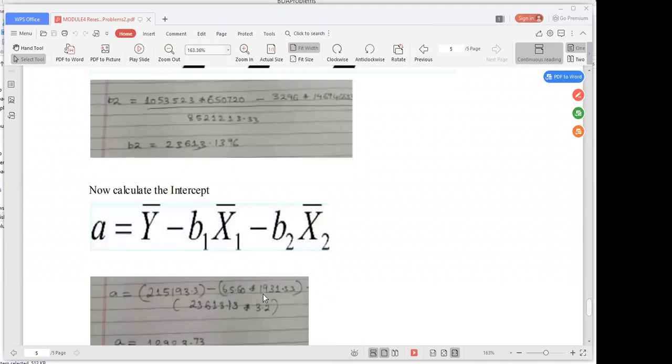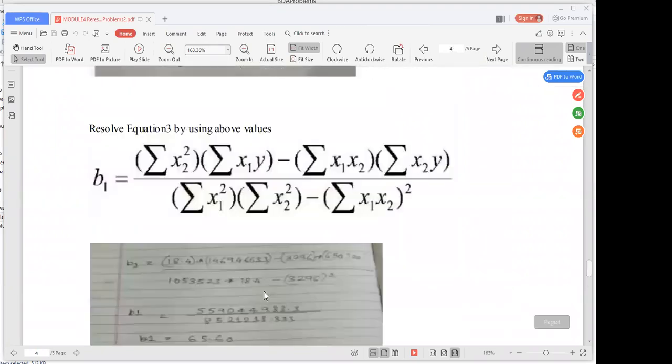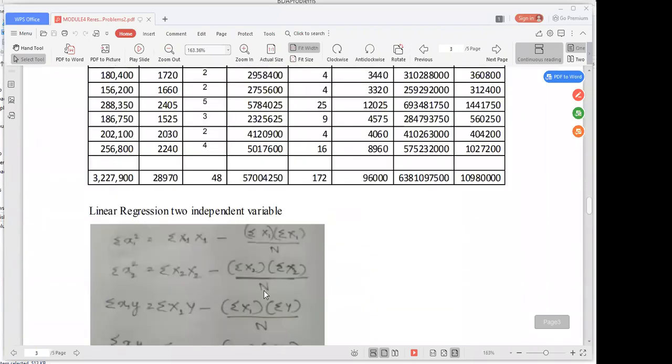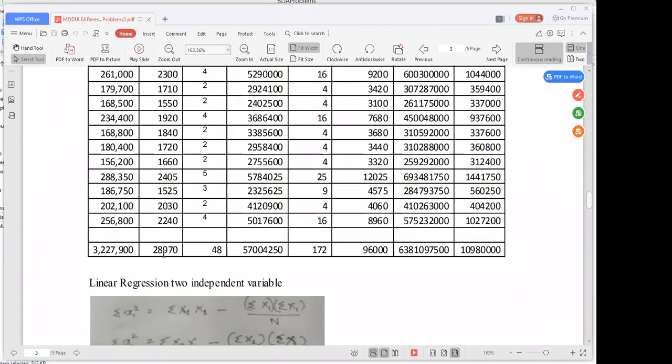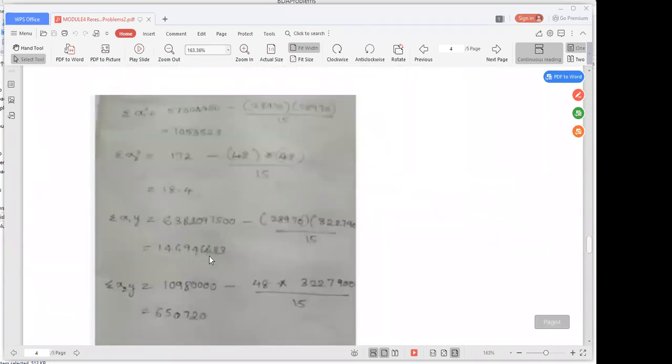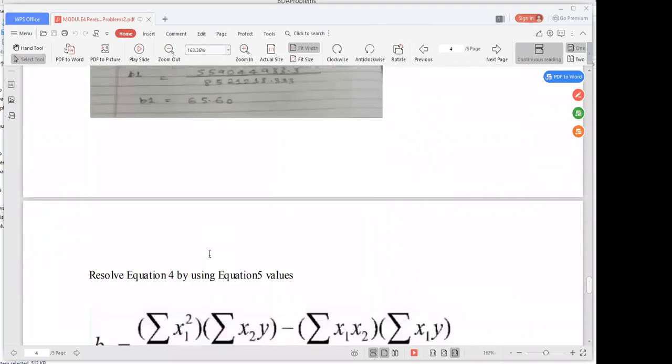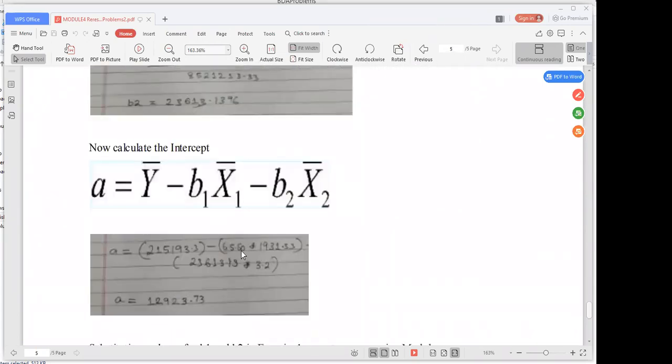Similarly for x1 bar, the x1 value 28970 divided by 15 gives x1 bar. For x2 bar, 48 divided by 15 gives x2 bar, which is 3.2.